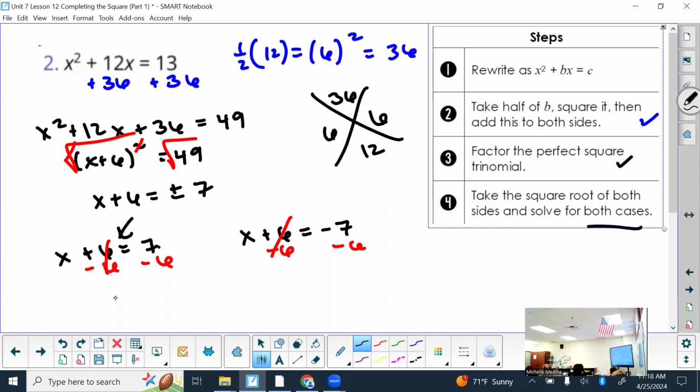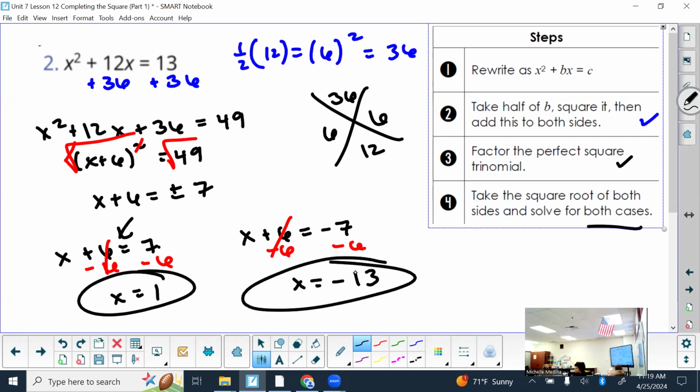So over here, 7 minus 6 is 1, that's one of my answers. Negative 7 minus 6 is negative 13. That's how you get your two solutions without graphing. That's you following the steps exactly.